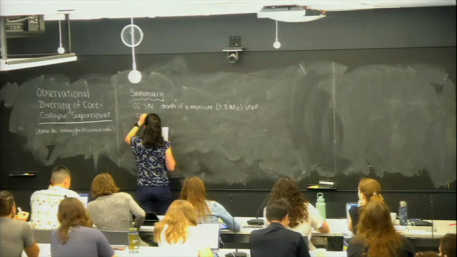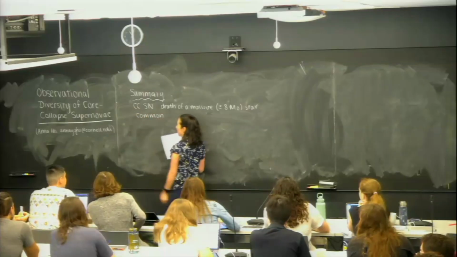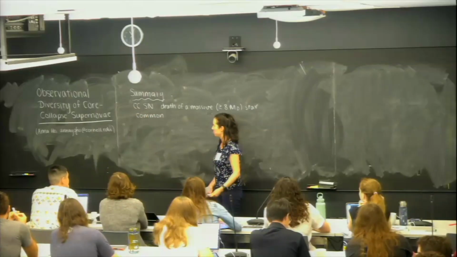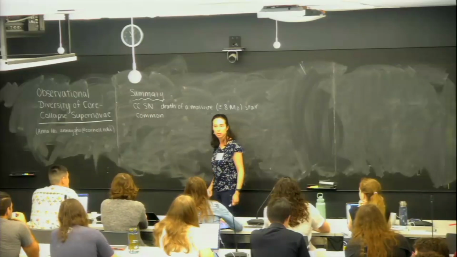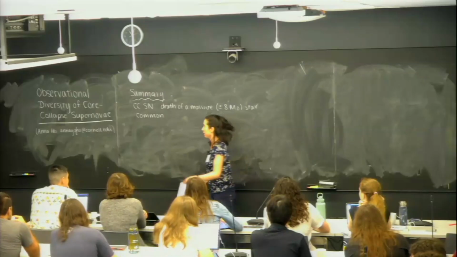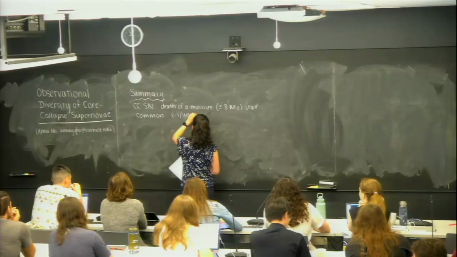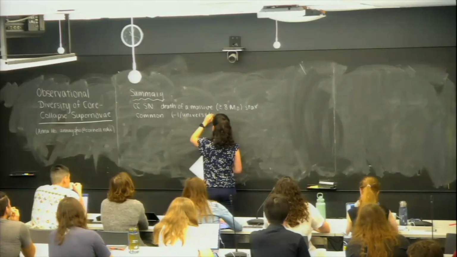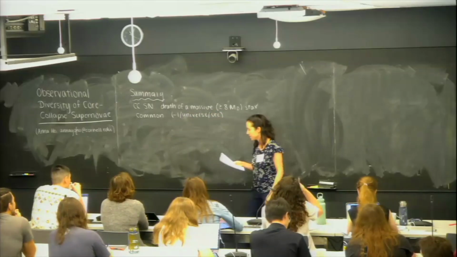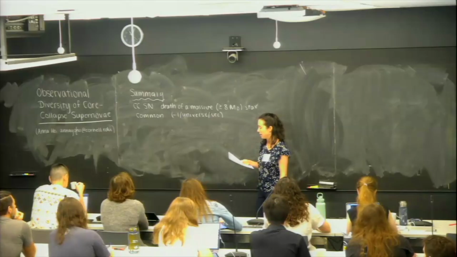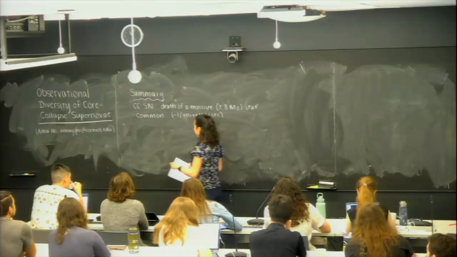These are, relatively speaking, common. They're kind of the most common type of cosmic explosion that we have. A useful rough rate to bear in mind is about 1 in the universe per second, and roughly 1 in a galaxy per century.